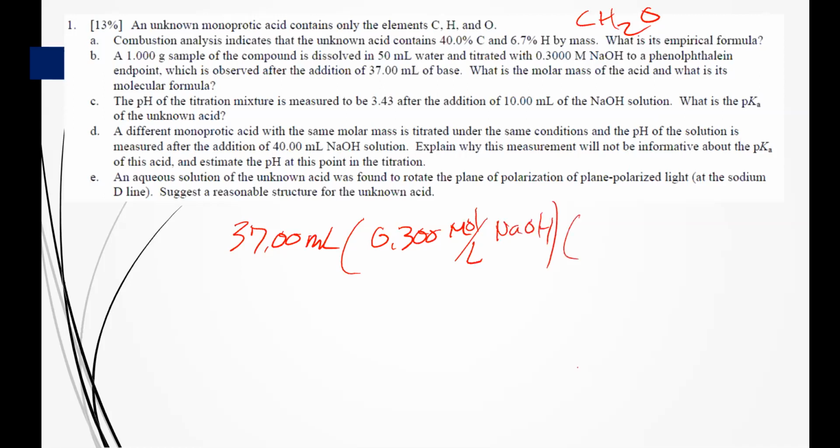We know this is a 1-to-1 ratio because we were told that we have an unknown monoprotic acid. This will tell us our moles of acid.